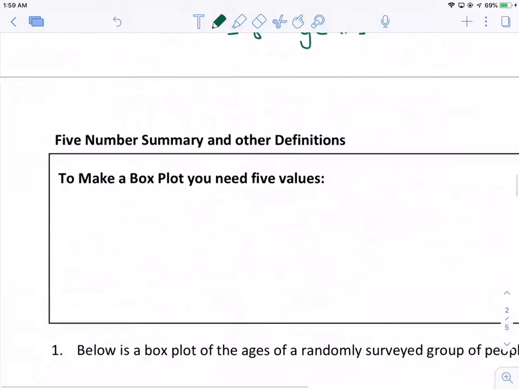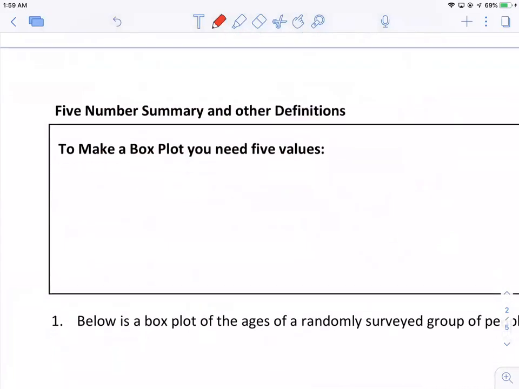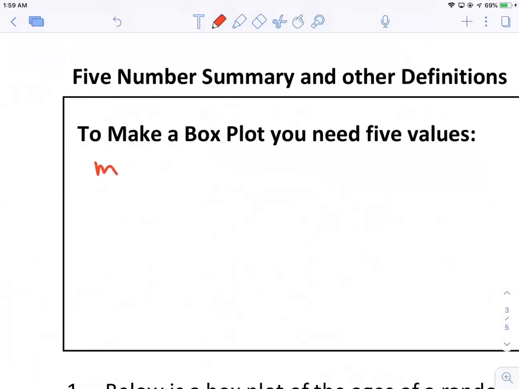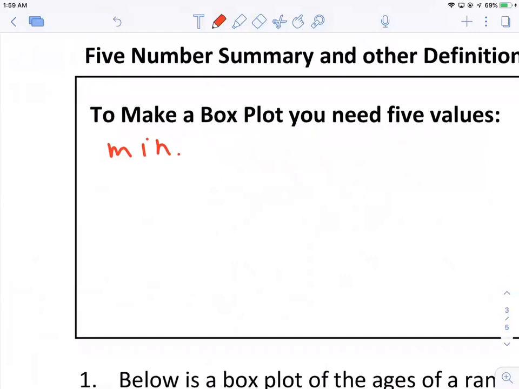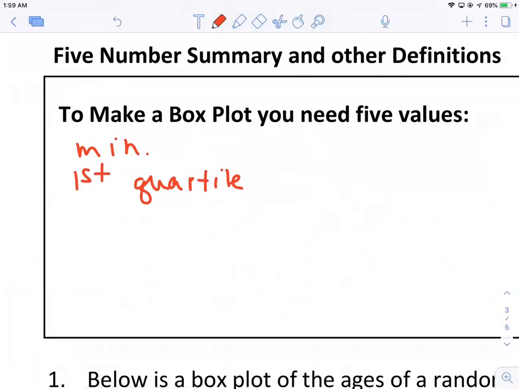So that's it. That was a box plot. We need to know how to read one though and draw one. So before we go to analyzing box plots, let's summarize what we did. To make a box plot, you need 5 values. You need the minimum, you need the first quartile, or the 25th percentile. The abbreviation for that is Q1.